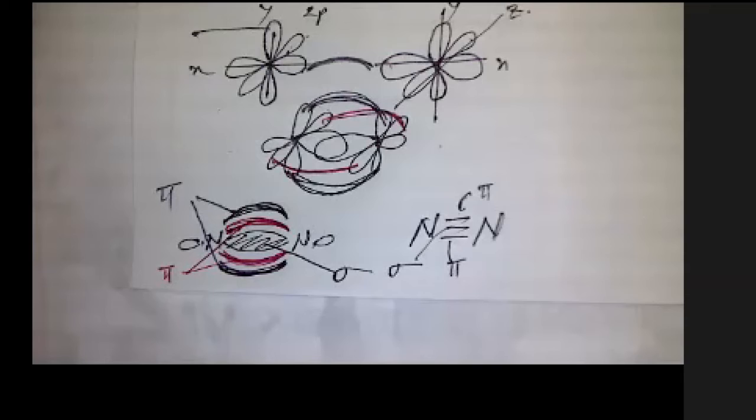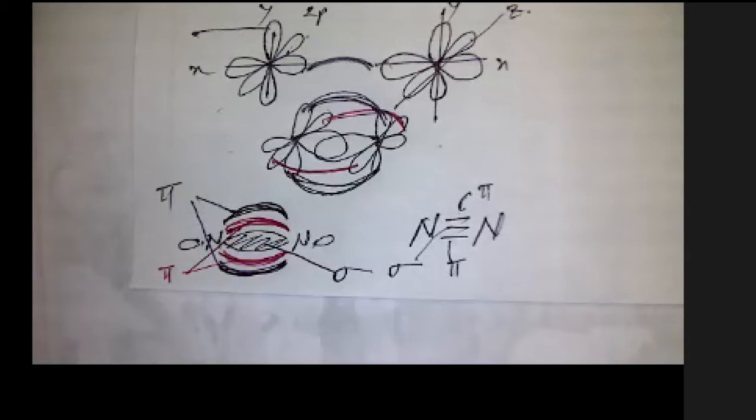In between two atoms, only one sigma can be formed, but more than one pi can be formed. Clear? So whenever S and S is combining, only sigma. S and P is combining, only sigma. P and P combines, then there's a possibility of sigma as well as pi.